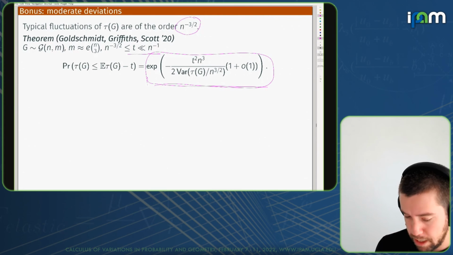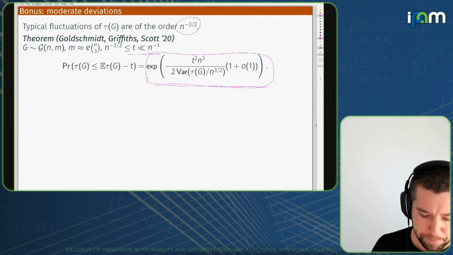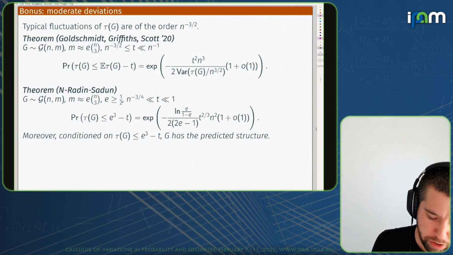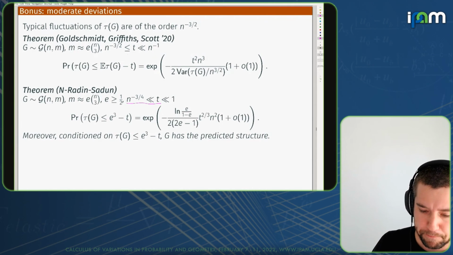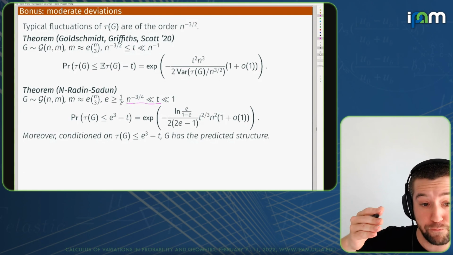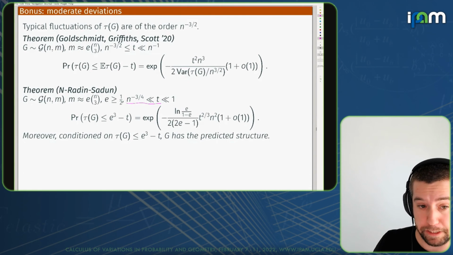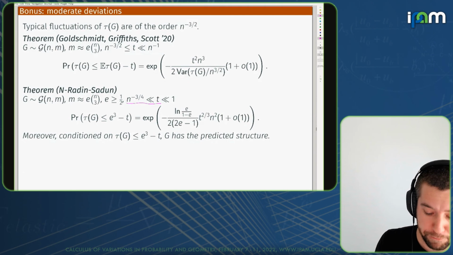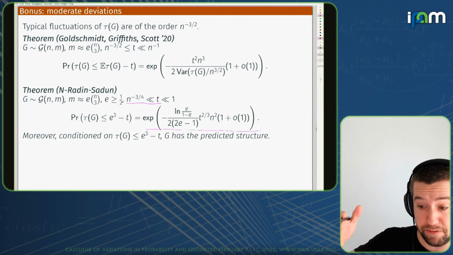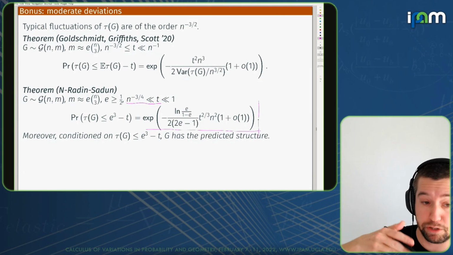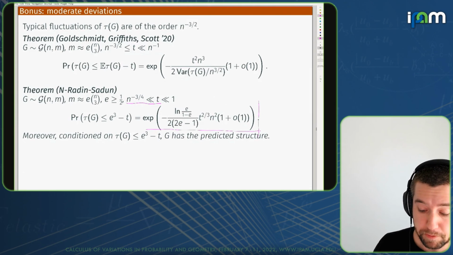Now, we showed that for fluctuations that are like n to the 3/4 or more standard deviations, we get a different behavior. And this behavior is what you would get if you took the large deviations behavior and extrapolated it for smaller parameters.